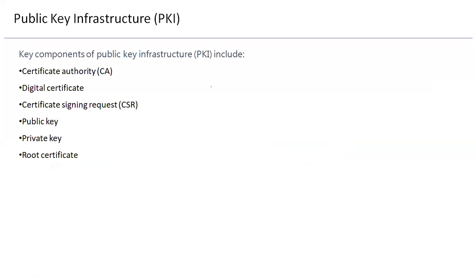All right, PKI itself is a big concept, but for a brief overview and introduction, the key components of PKI are, first, the certificate authority, which primarily manages the certificates and provides them to the VCF components.